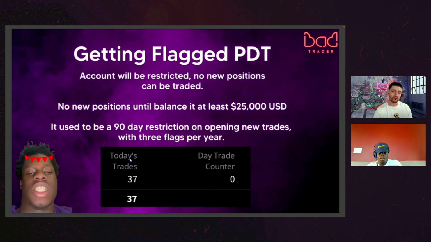And I don't know if there's a way to lobby against this PDT rule, which sucks. I wonder if this is a young people issue that only we care about, or does nobody else care about this rule? They do it to protect traders.